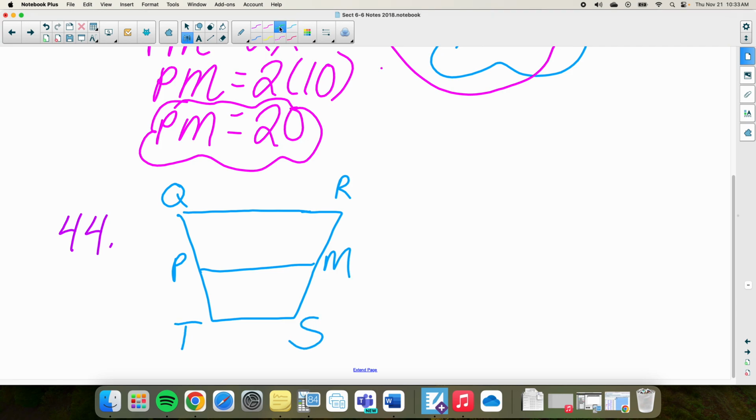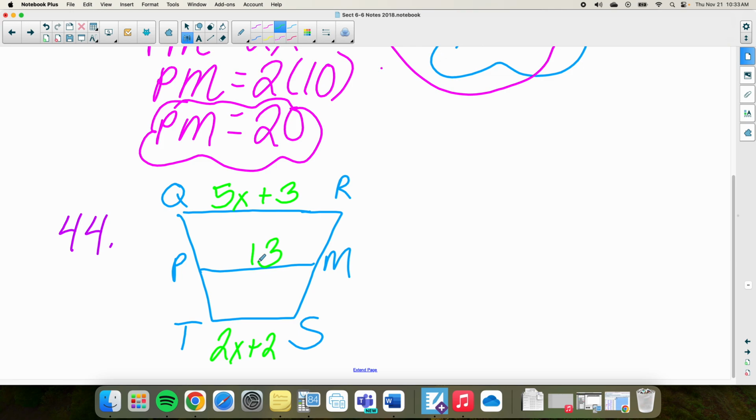Then, in this problem, they tell us that TS is 2x plus 2, and that is the bottom right here. Okay, then they tell us that QR is 5x plus 3, and PM is 13.